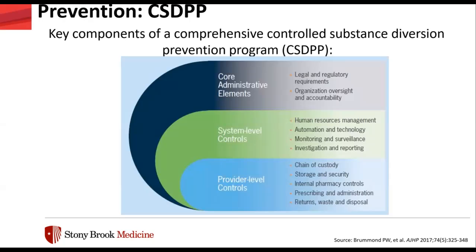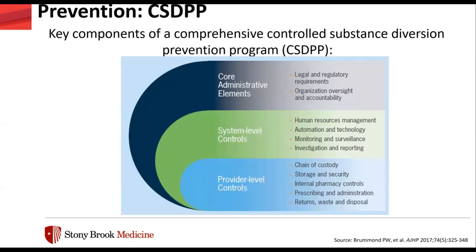So in order to do this, it's key to create a comprehensive controlled substance diversion program. And there's a multi-interdisciplinary approach. There's core administrative elements that include legal and regulatory requirements, as well as organization oversight and accountability. There's system level controls, so human resources, providing automation and technology, monitoring and surveillance, as well as investigation and reporting of drug diversion.